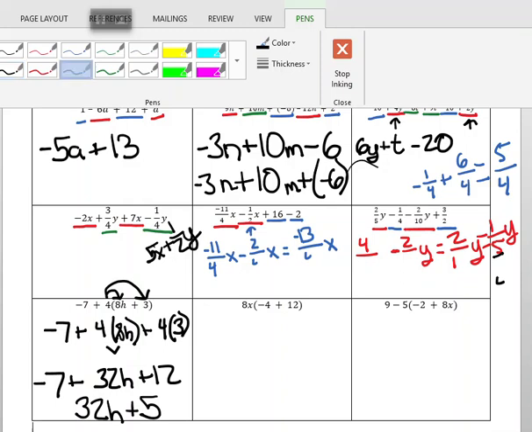Moving on over here. So this is weird. I actually don't see this very often where I'm distributing a variable with a coefficient to the parentheses. So what I'm left with when I distribute this is 8x times negative 4 plus 8x times 12.